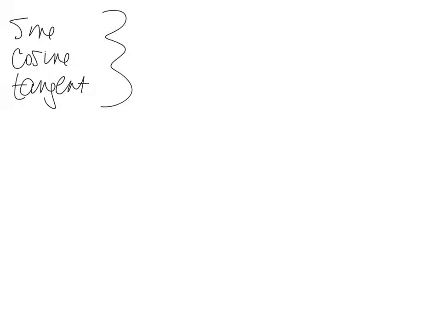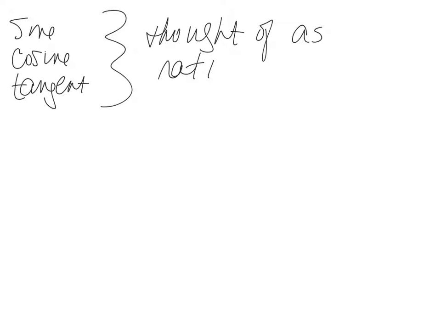Just more information on what we're doing. In geometry, sine, cosine, and tangent are thought of as ratios of triangles.